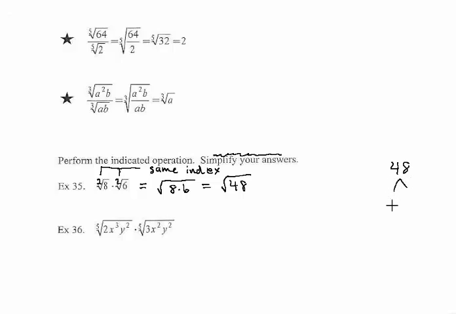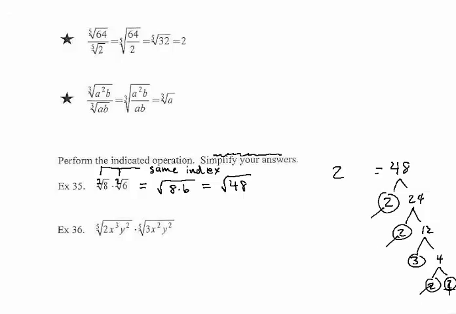So we need to prime factor 48. And what we end up with in the end is 2 to the 4th power, and then a 3.